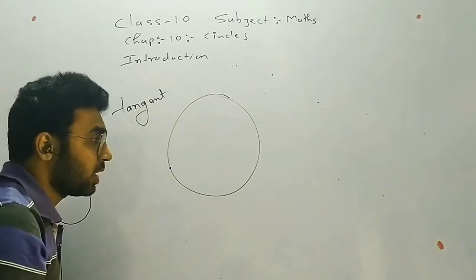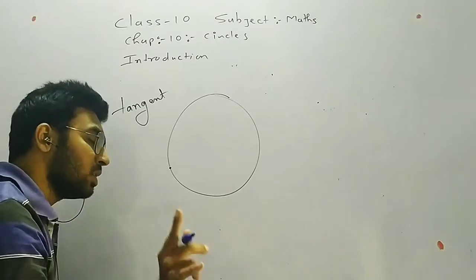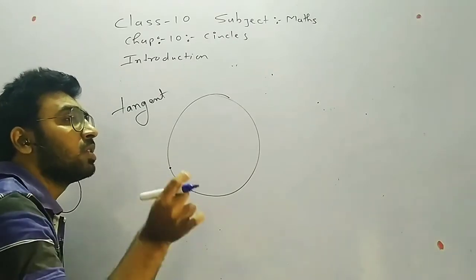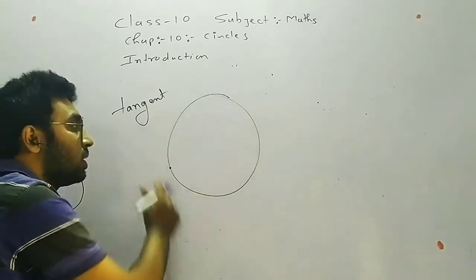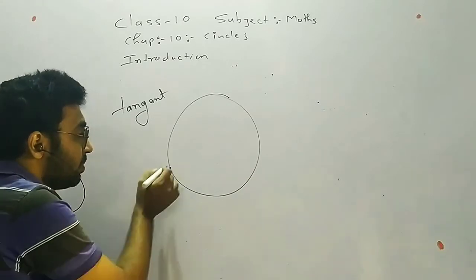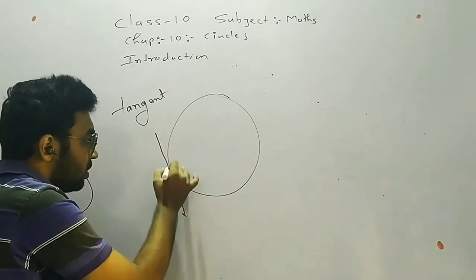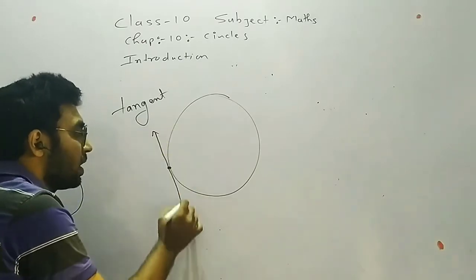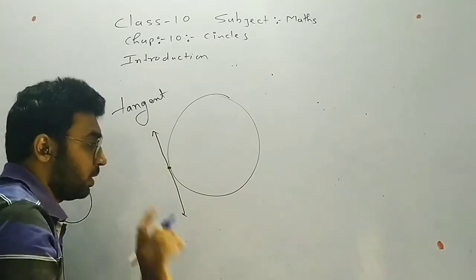I already told you that a tangent is a line which intersects the circle at only a single point. For example, here, that is called a tangent, passing through only one point.